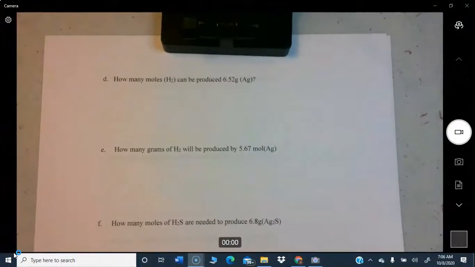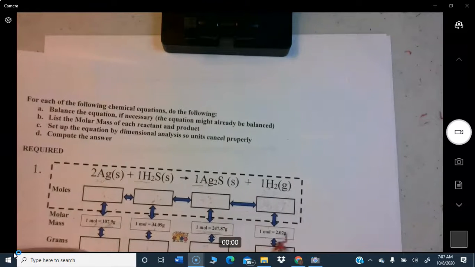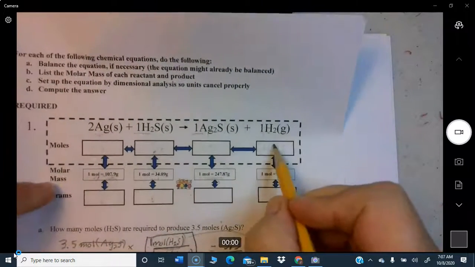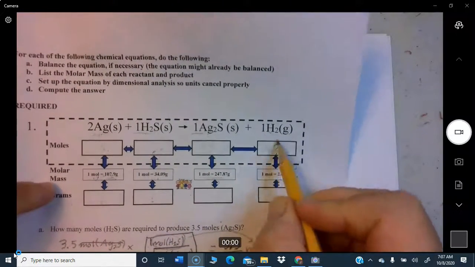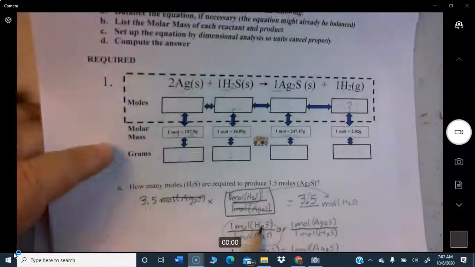Okay, D, how many moles of H2 can be produced by 6.52 grams of Ag? So let's come back over here. We'll erase the sheet. So it wants to know how many moles of H2. So that means the question mark is in the moles box under H2, and it can be produced by 6.52 grams of Ag.